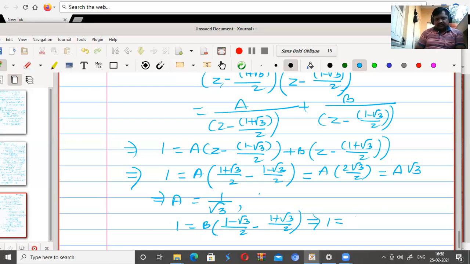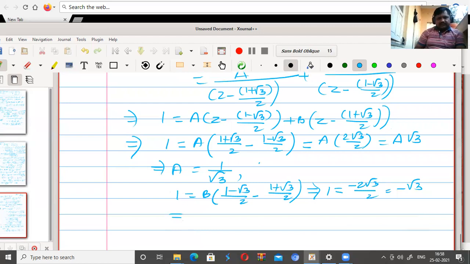So we get minus 2 root 3 upon 2, that is only minus root 3. And so B is equal to minus 1 upon square root of 3.